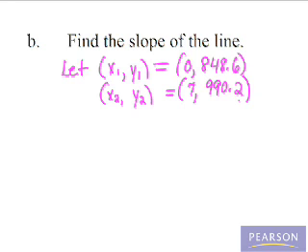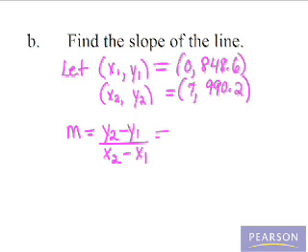Then we use the formula for slope. M is y2 minus y1 over x2 minus x1. And we substitute in for those values.